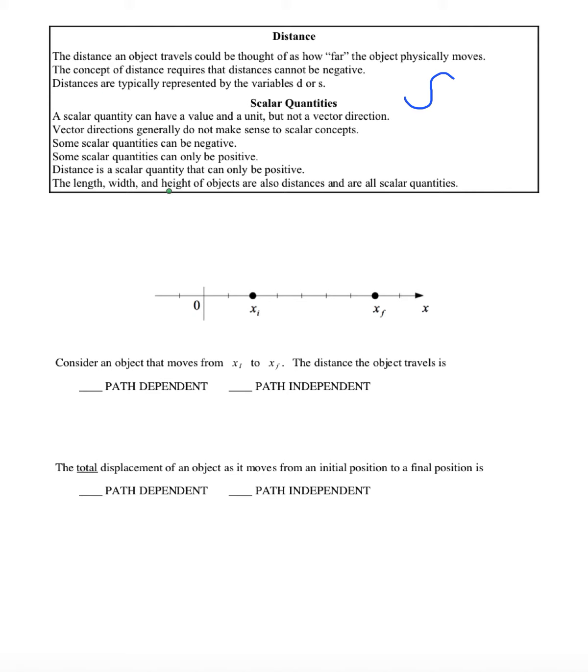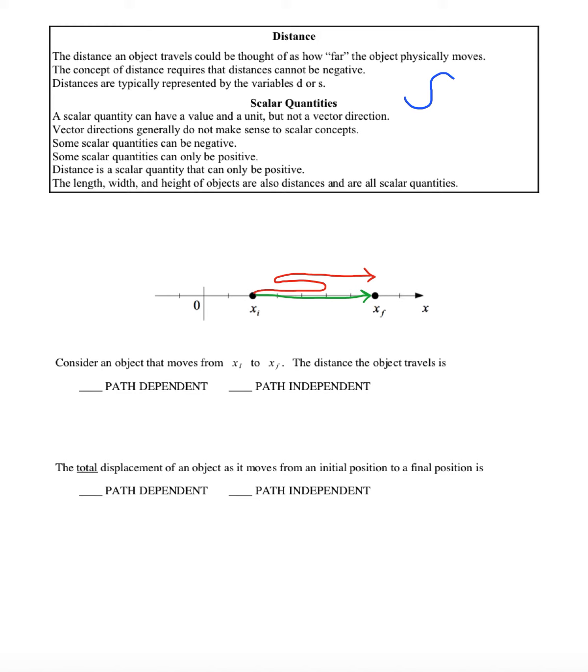All right, so in one case, an object may just move straight from the initial to final position. If that were the case, then the distance and the displacement would be the same. But let's assume that it doesn't travel that way. Let's say that it goes to the right a little bit, comes back, and then goes forward.